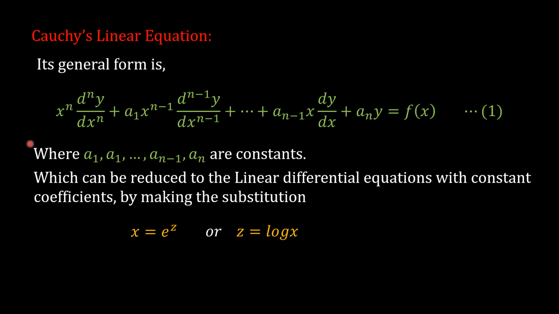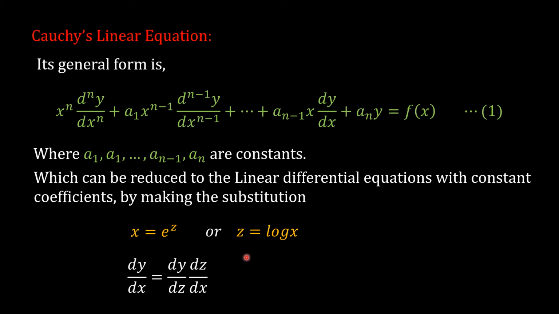Now, as we want to change these derivatives, we start with the term x dy/dx. So we will evaluate the derivative dy/dx first. It will be dy/dx equal to dy/dz into dz/dx.